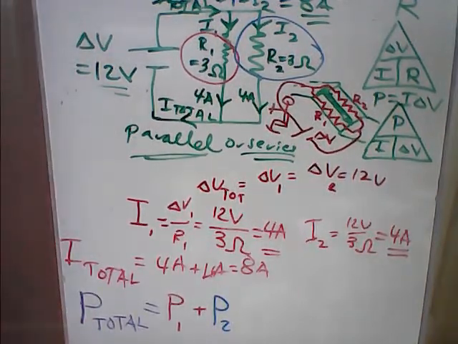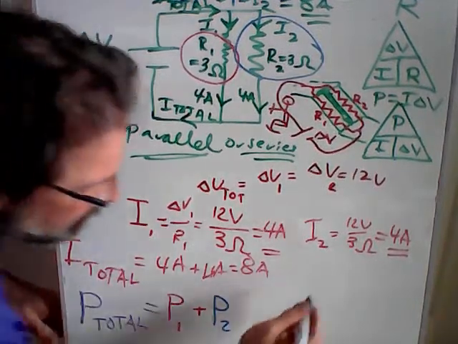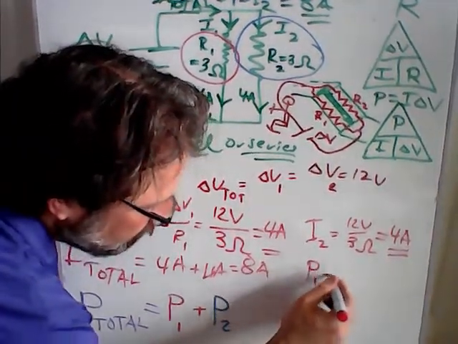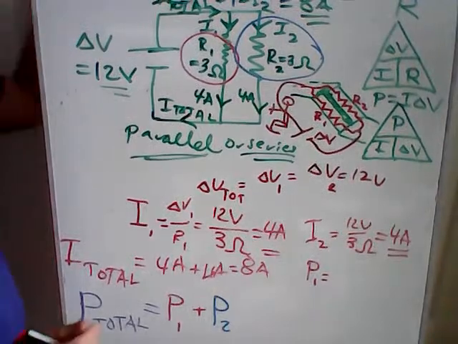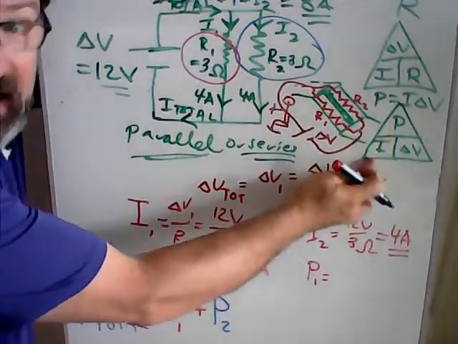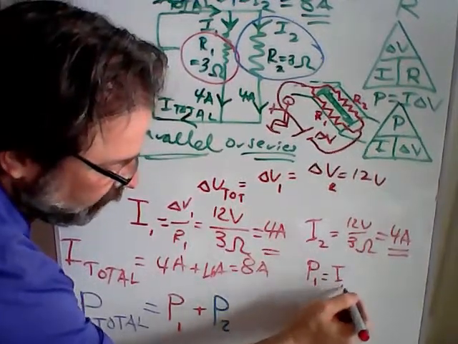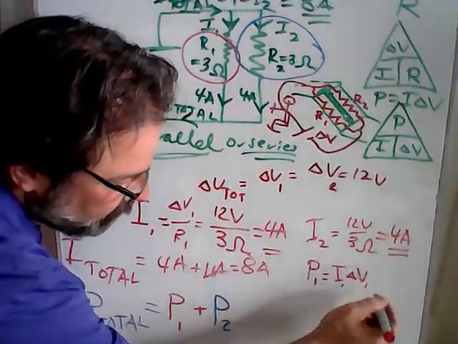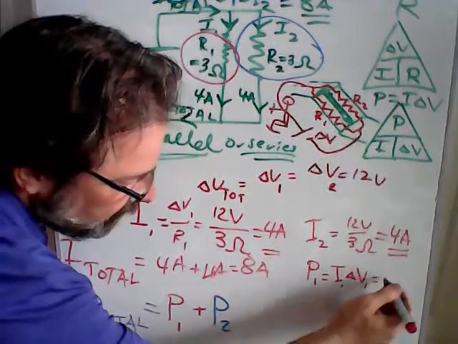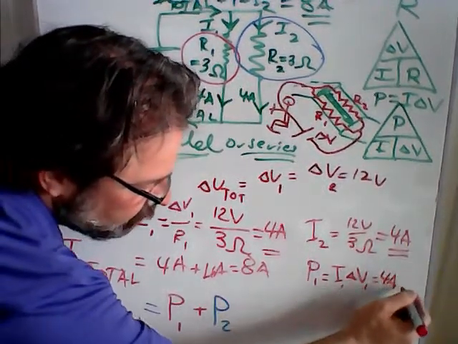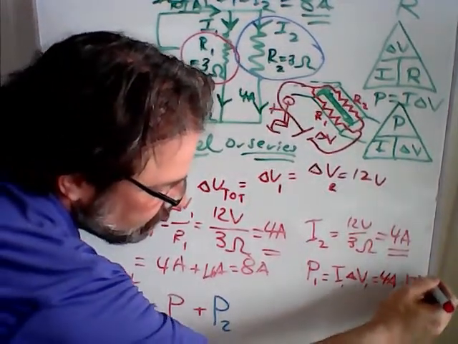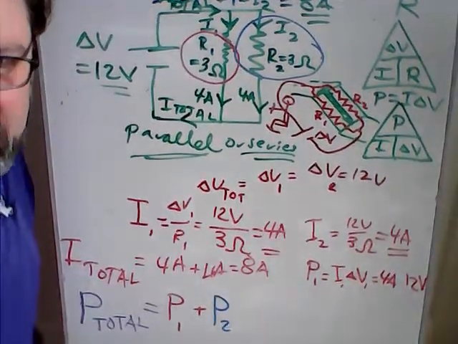Okay, so let's write that over here. So we see P1. Well, our equation, reminder, is I times delta V. So we'll have I1 delta V1. Well, that's 4 amps times 12 volts.